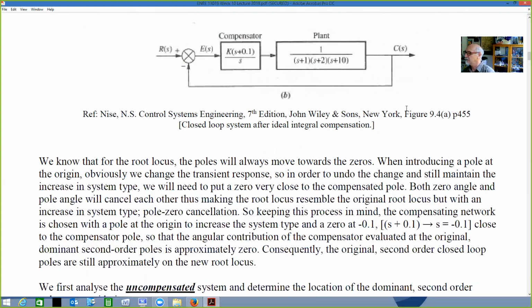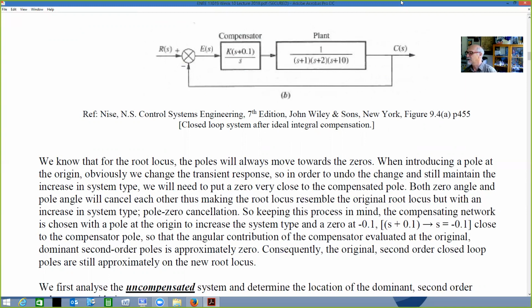Both the 0 angle and the pole angle will cancel each other, thus making the root locus resemble the original root locus, but with an increase in system type, and we call that pole 0 cancellation. So keeping this process in mind, the compensating network is chosen with a pole at the origin to increase the system type and a 0 at negative 0.1. So that's our general form. And of course, when we're looking at our 0, we look at the numerator. If we equate that to 0, we can see why that's S equals negative 0.1.